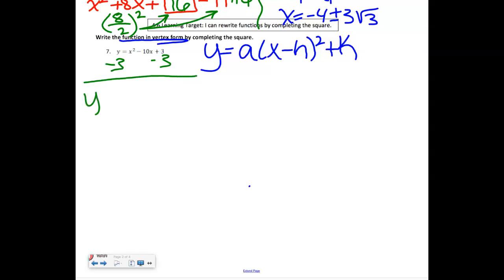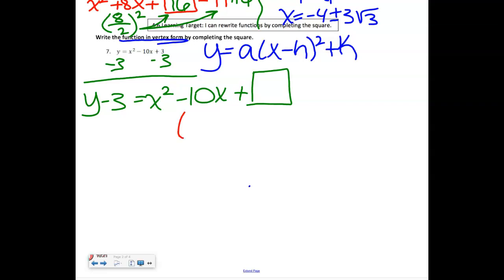So now I have y minus 3 equals x squared minus 10x plus our blank. How do we fill in the blank? Okay, so negative 10 divided by 2 squared.